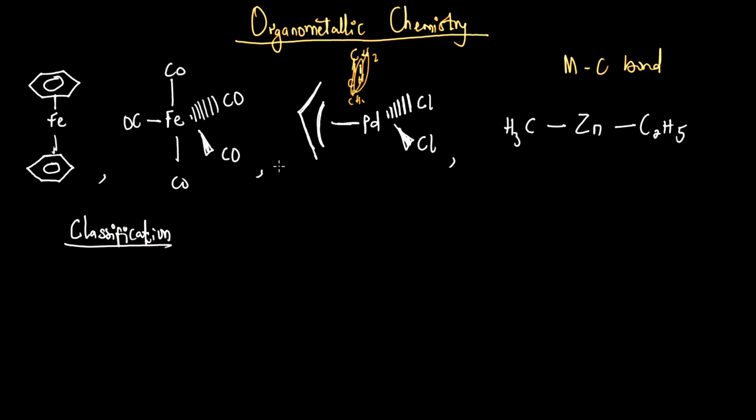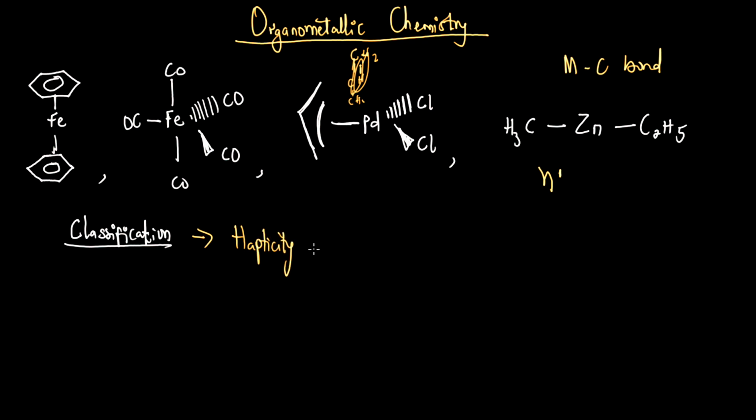Looking at this, in this case, only one carbon is bonded to the metal. So we represent this with a hapticity value of 1. The classification here leads to the concept of hapticity. So let's put it there, hapticity.